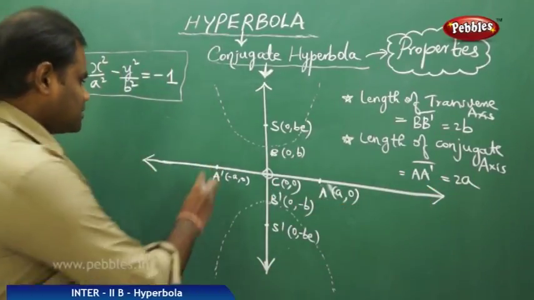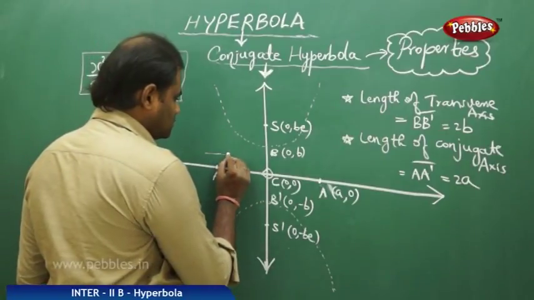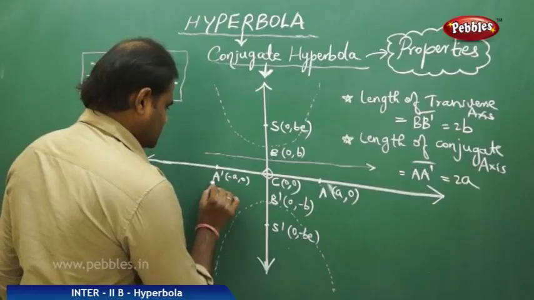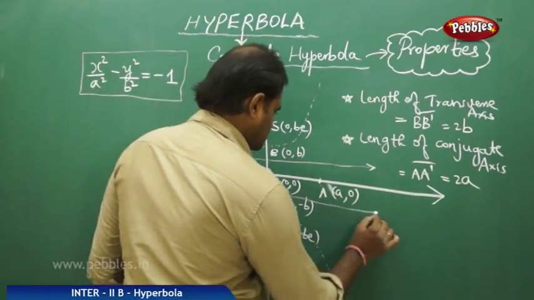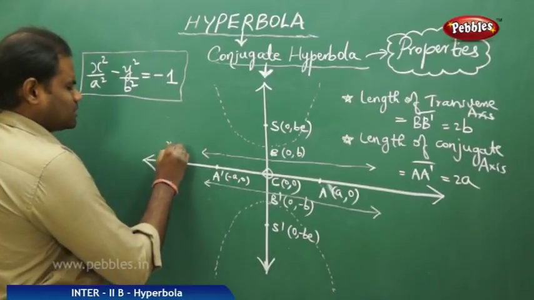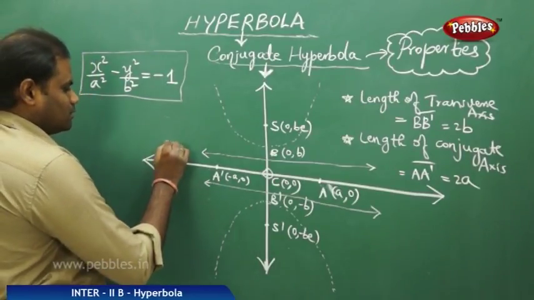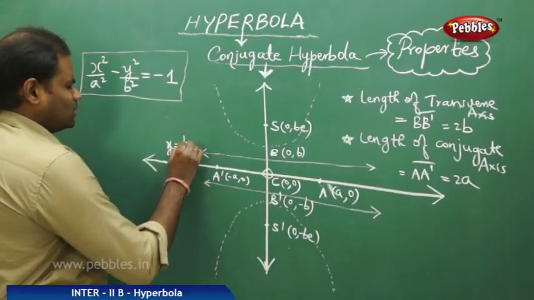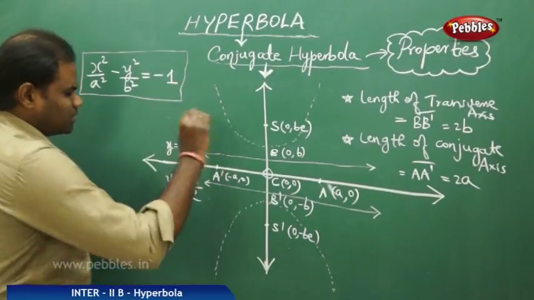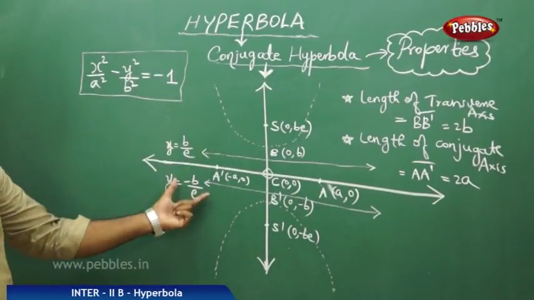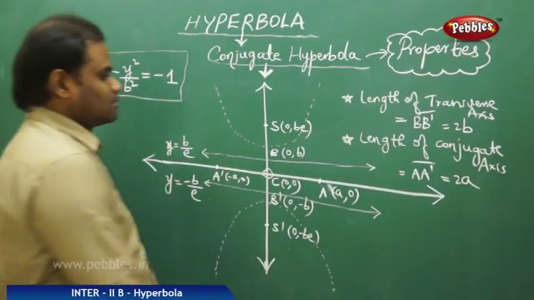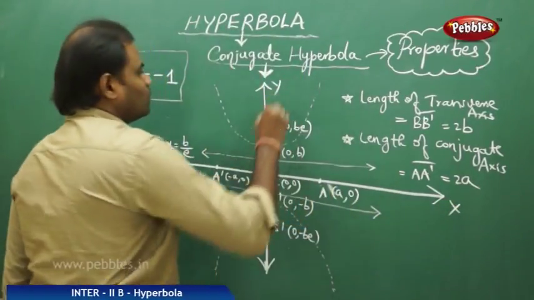The directrices which pass through this are given by the equations y equals b by e and y equals minus b by e, because each of the directrices are b by e units from the x-axis, that is x and y.